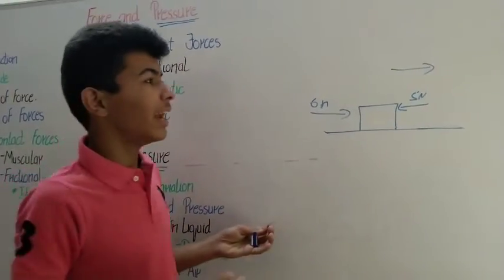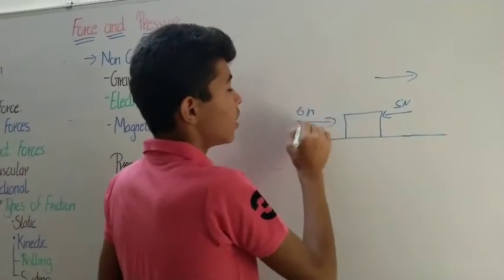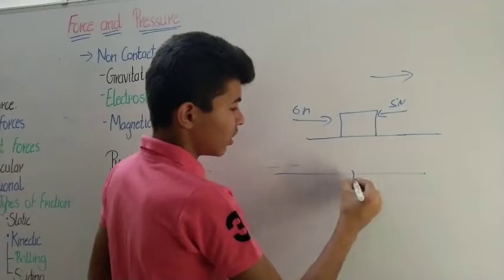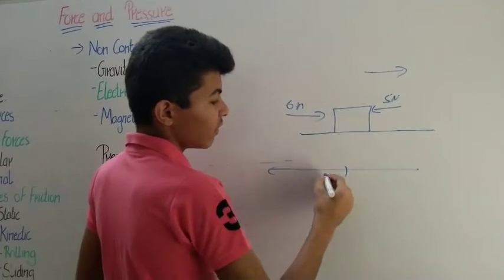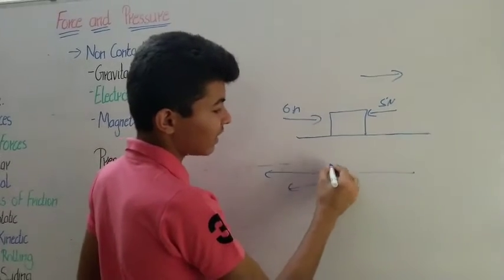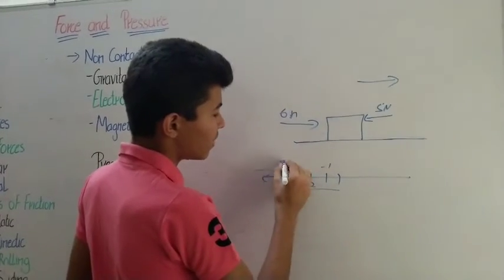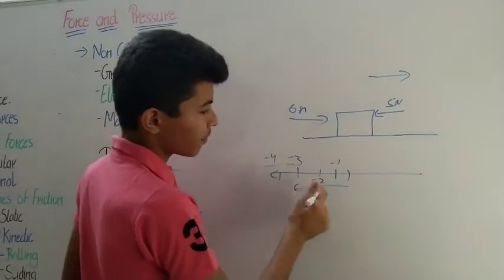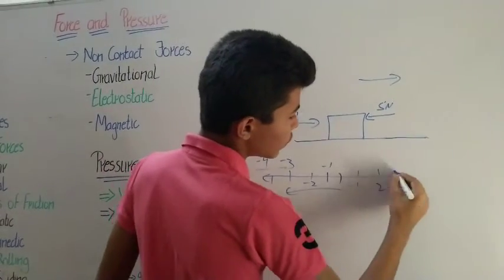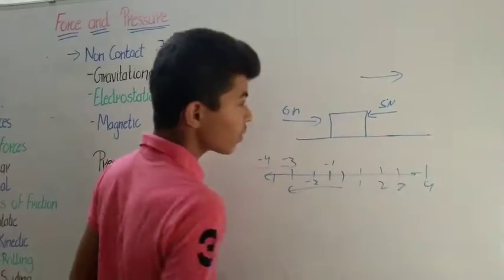We can consider the forces applied in this direction as negative, that is minus 1, minus 2, minus 3, minus 4, and in the other direction as positive 1, 2, 3 and 4.